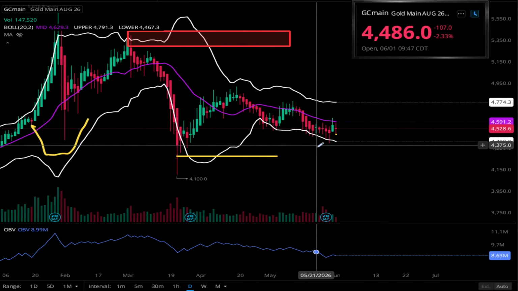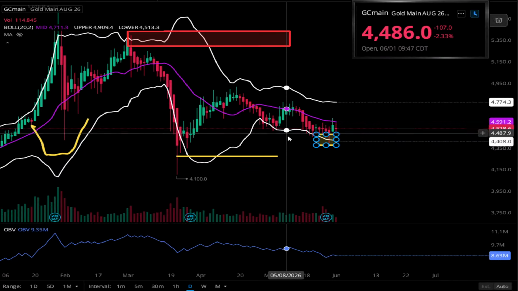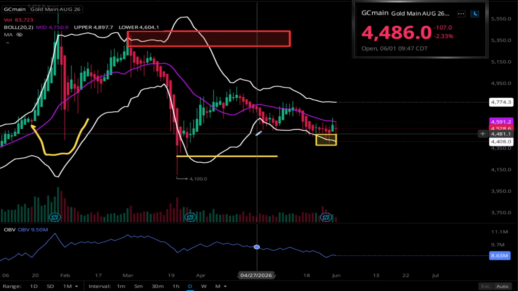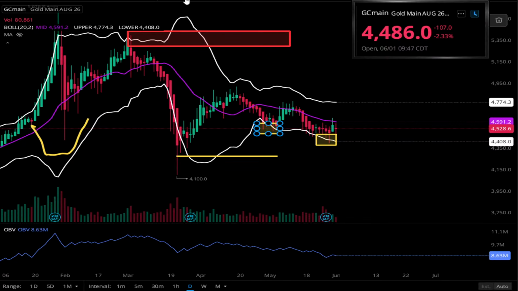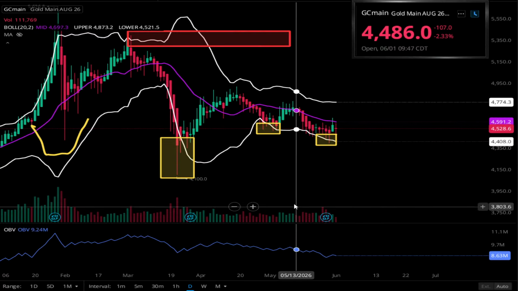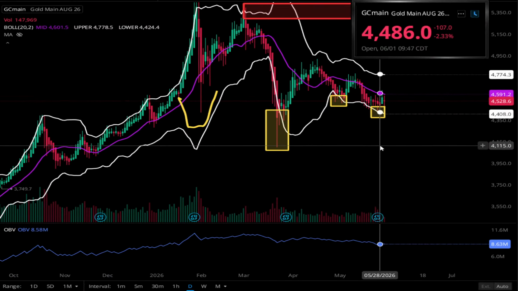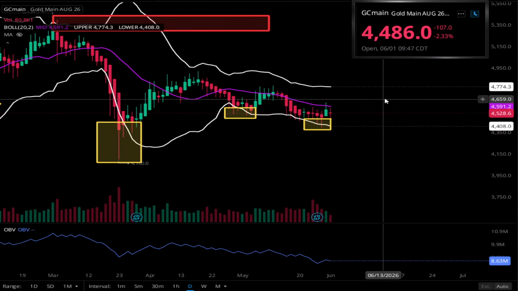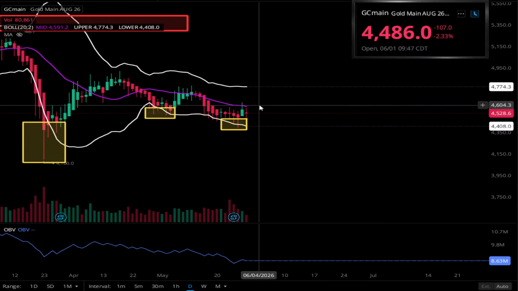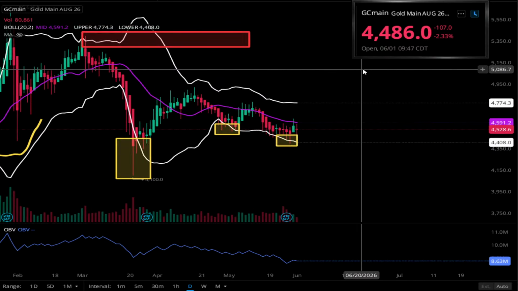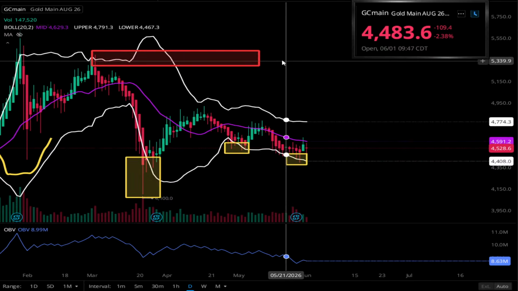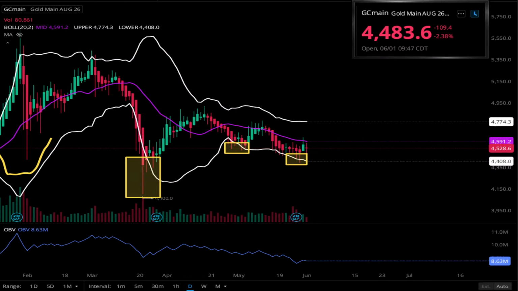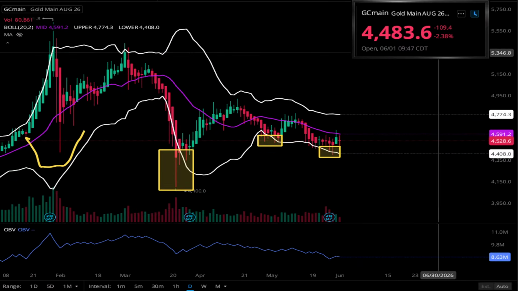However, we always buy into these lower Bollinger moves, especially on gold, because gold has proven that every time we get to this lower Bollinger, it likes to have a very large bounce. Now, with the war ongoing, yes, it takes a very heavy weight against precious metals.